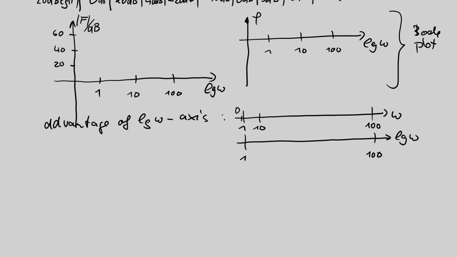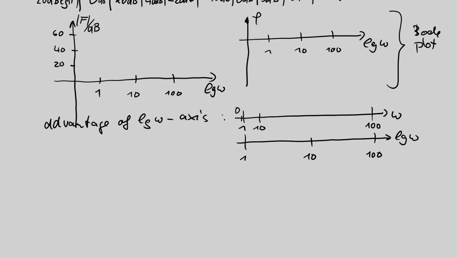So you see the range between 1 and 10 is 1/10 of the range 10 to 100, but normally we want to have the low frequency and high frequency range with the same resolution, on the same range. So 1 to 10 and 10 to 100 displays reality much better than the linear axis.